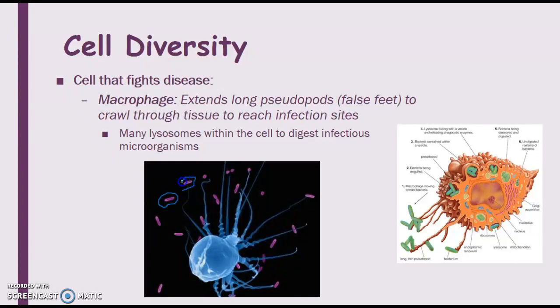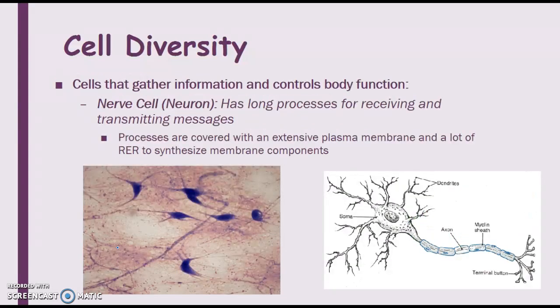Here's a bacteria right here. These are your macrophages, these big white blood cells that come and literally just devour that bacteria. And if you remember, they have a lot of lysosomes in them. Lysosomes are going to be able to break down those bacteria and devour them using those digestive enzymes.